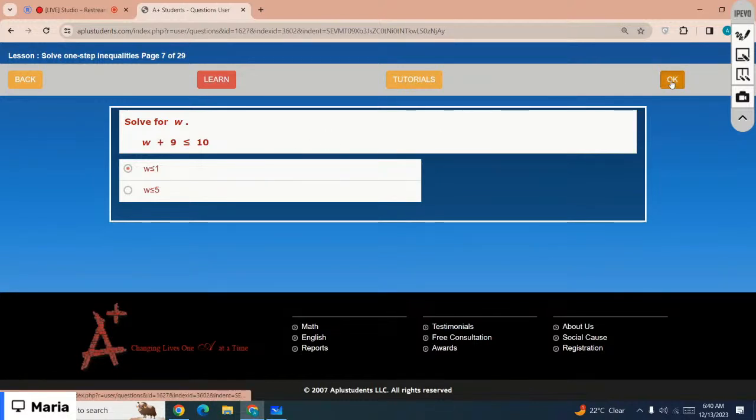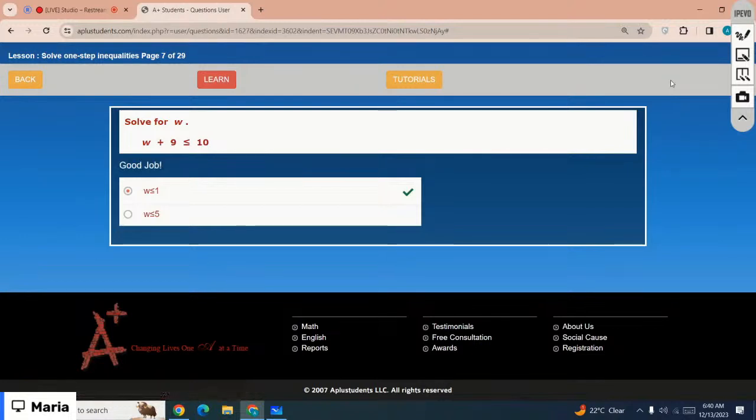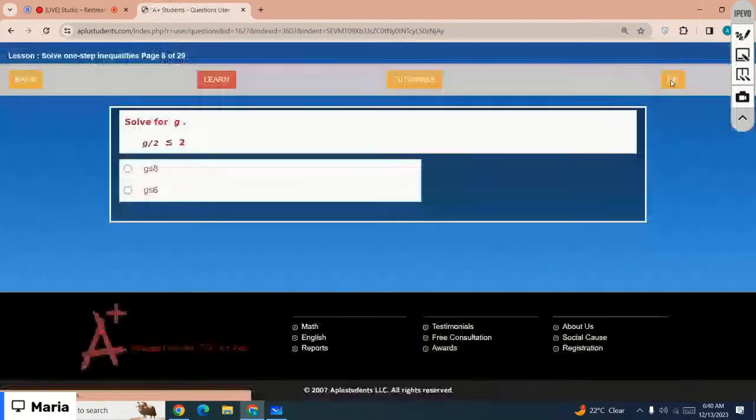Option number 1 is the correct option. Okay, g over 2 is less than or equal to 2, which is the correct option?